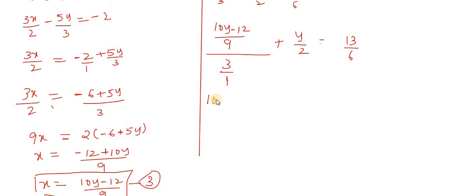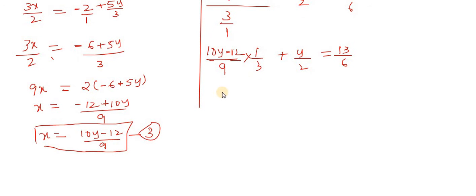So your 10y minus 12 divided by 9 into, here 1 by 3 is there, so take the reciprocal. If you take the reciprocal, you get 1 by 3. Then plus y by 2 is equals to 13 by 6.